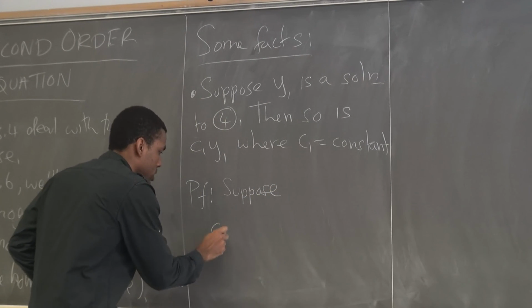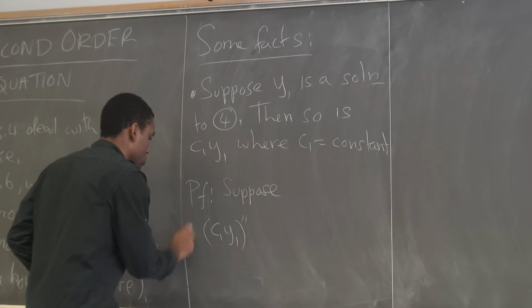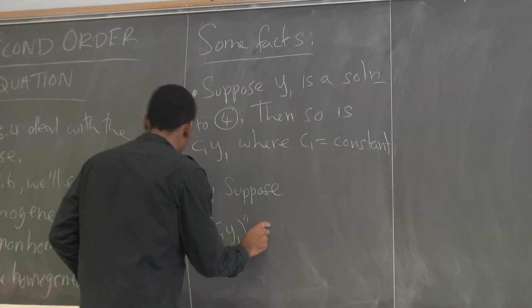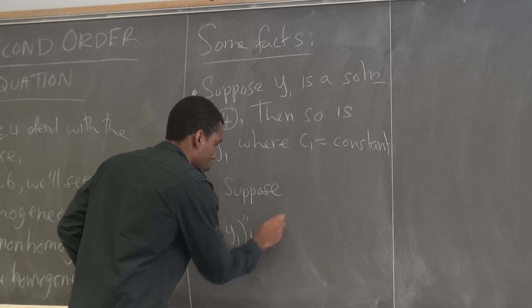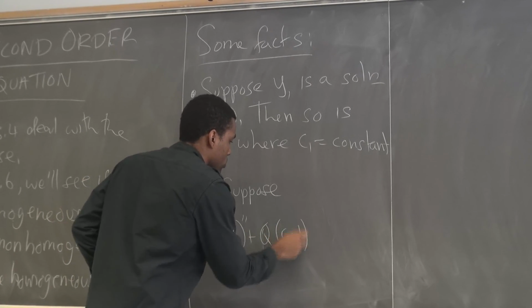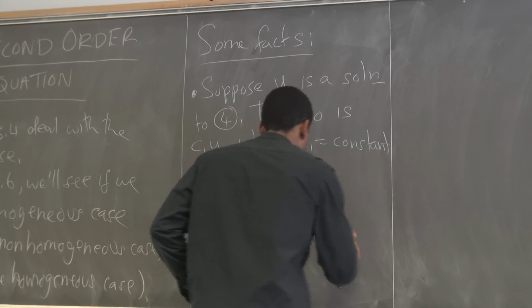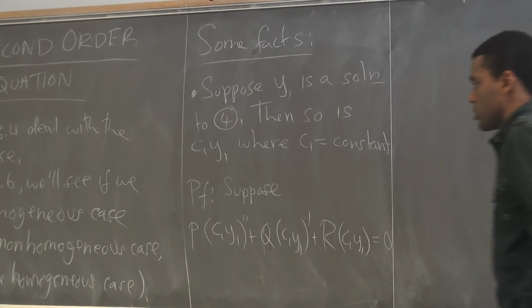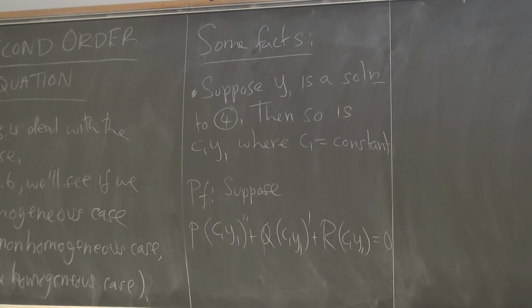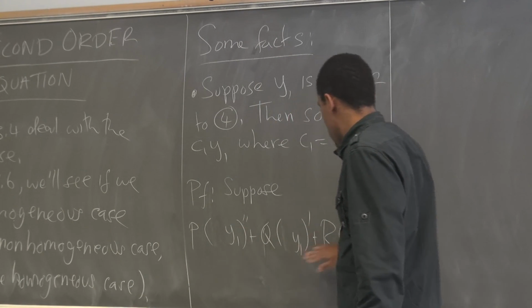So suppose you had P y1 double prime plus Q y1 prime plus R y1 equals 0. So this means that y1 is a solution, right?